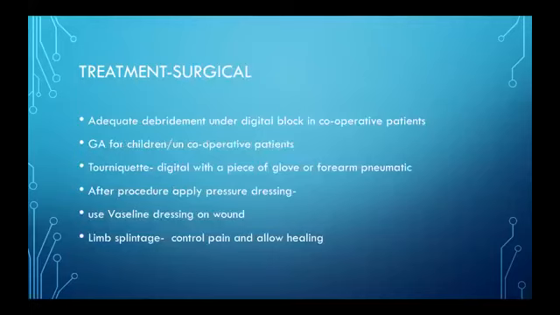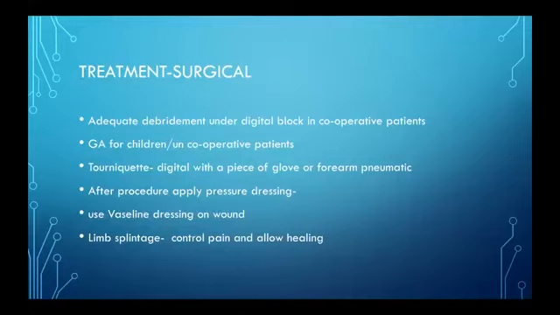In terms of surgical care of this injury, adequate debridement ought to be done under digital block in cooperative patients. So in patients who are able to withstand a digital blockade and cooperate through the reconstructive process, digital block is adequate. In some, of course, nerve blocks, depending again on what else you're dealing with.